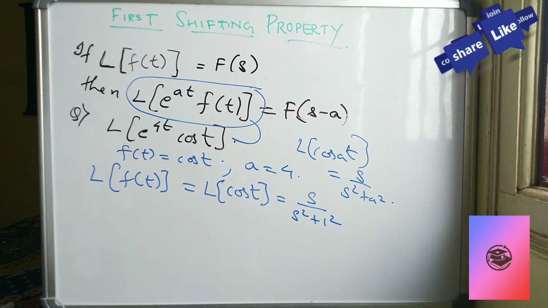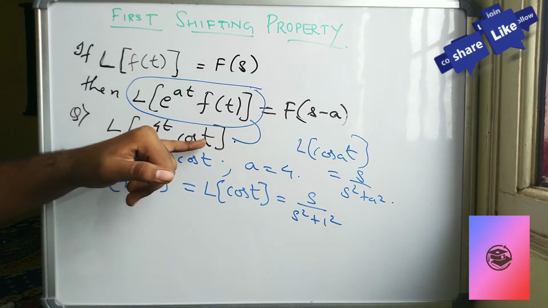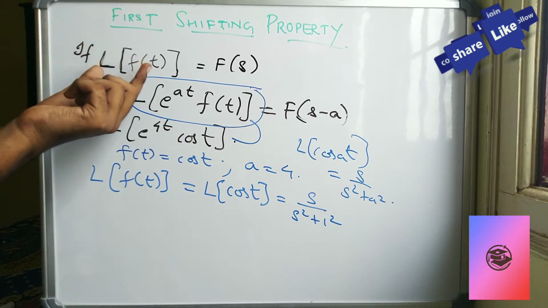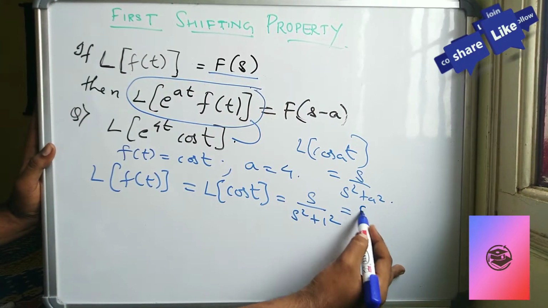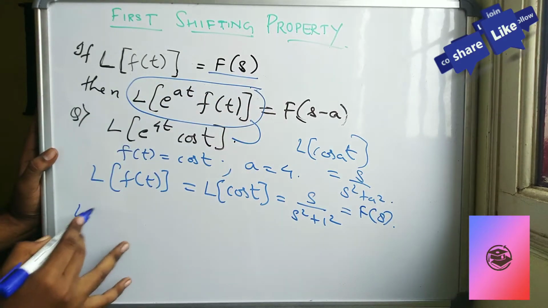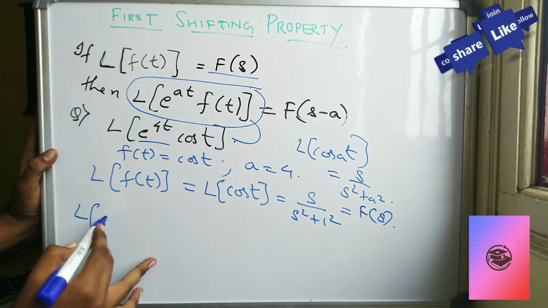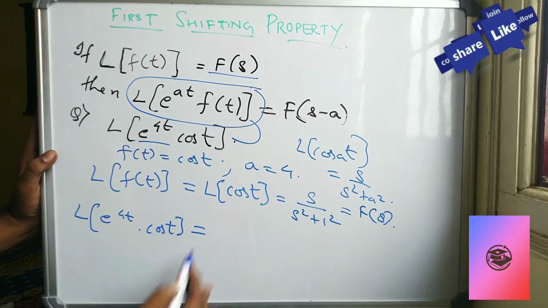Now in order to find the Laplace transform of this whole function, we found out the Laplace transform of f of t, which is equal to f of s. Now you have to find the Laplace transform of this whole thing, that is e power 4t into cos t. Which is equal to what?